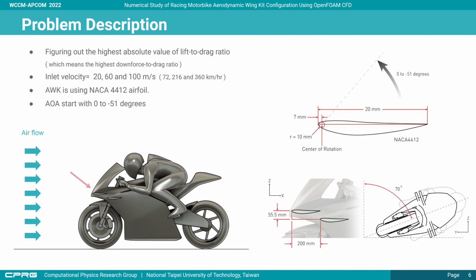The geometry of 3D CAD models installed AWK using an ARCA 4412 airfoil with a self-defined center of rotation. The configuration keeps wings detaching from the ground by the lean angle of 70 degrees. The simulations of various AOA start with 0 degrees to minus 51 degrees and obtain drag coefficient and lift coefficient.